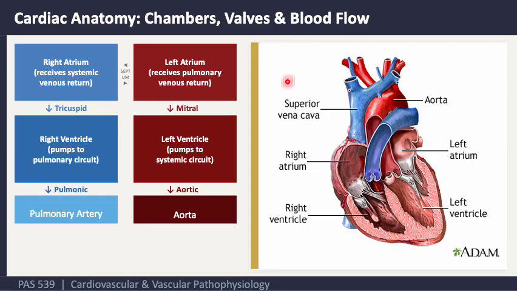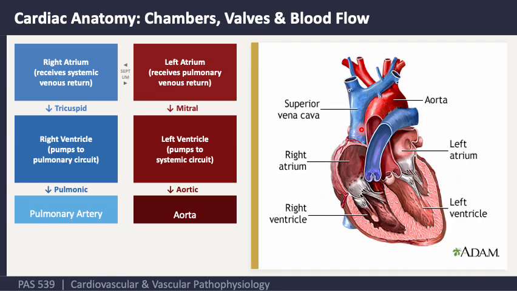On this slide, I'm just going to be discussing briefly the different chambers of the heart, the valves, and blood flow. So over here, you can actually see this is the structure of the heart.